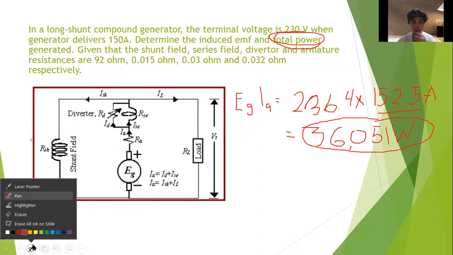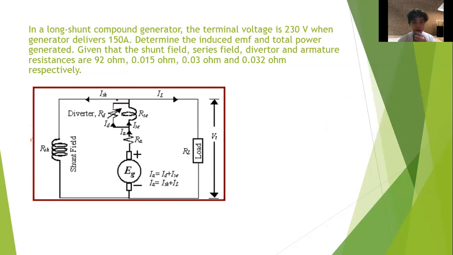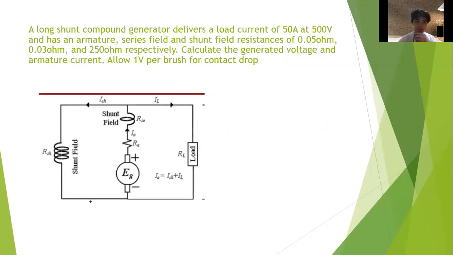For the next example, we have a long shunt compound generator which delivers a load current of 50 amps at 500 volts and has armature, series field, and shunt field resistances of 0.05 ohm, 0.03 ohm, and 250 ohm respectively.